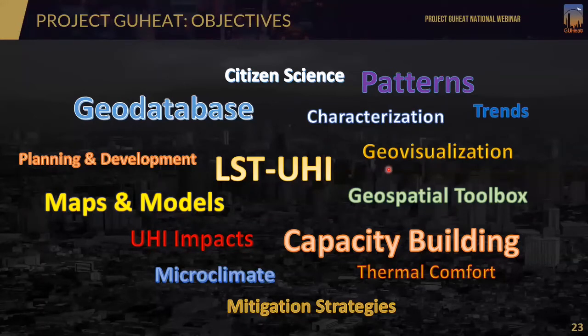And we have conducted several surveys on thermal comfort. But ultimately, the goal is, through the capacity building of SUCs and HEIs, as well as our partner LGUs, to integrate this within the planning process and identify and implement mitigation strategies in order to reduce the current and even the growth of these urban heat islands.